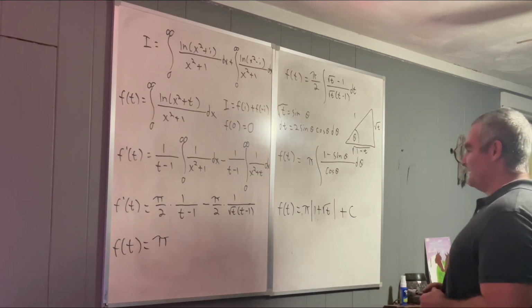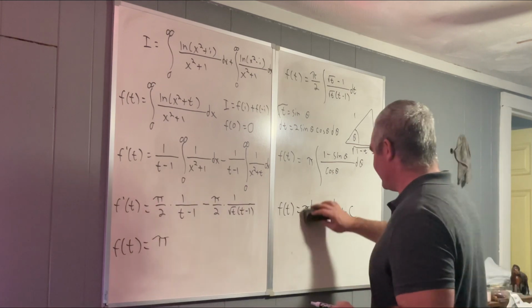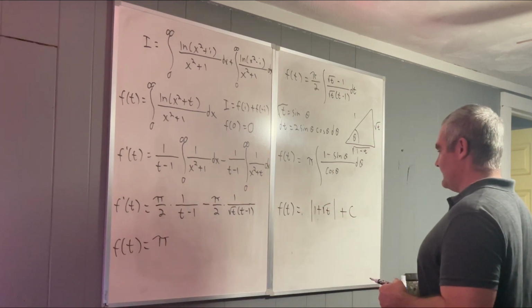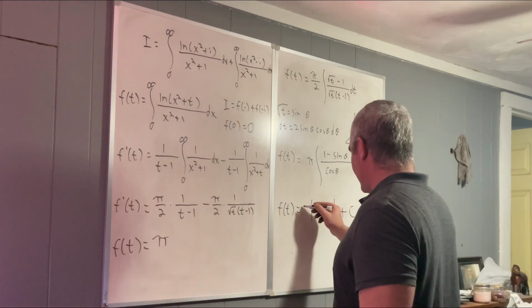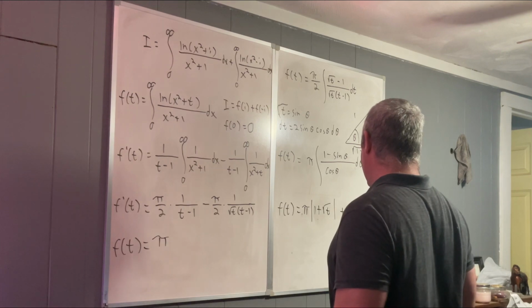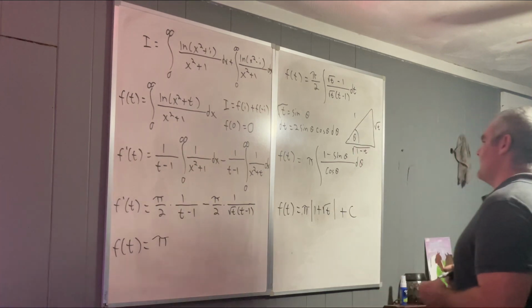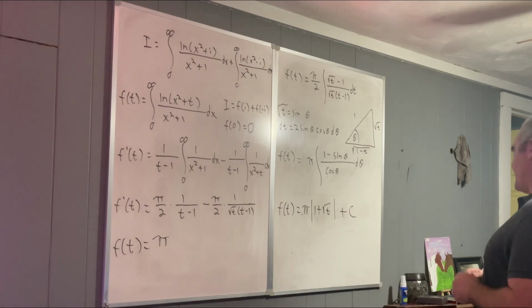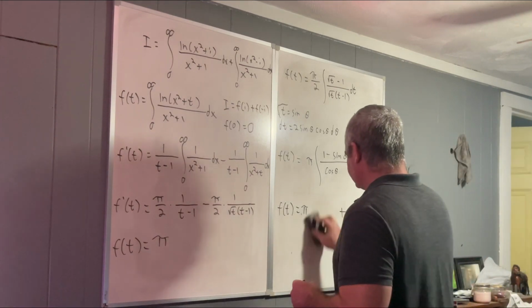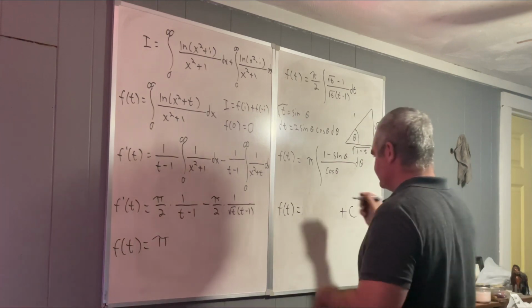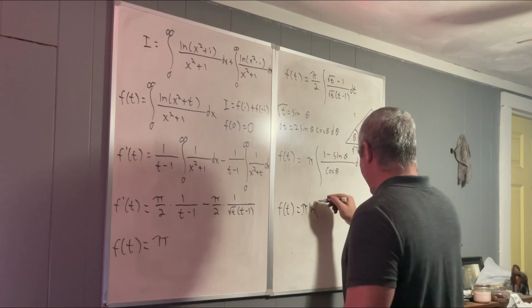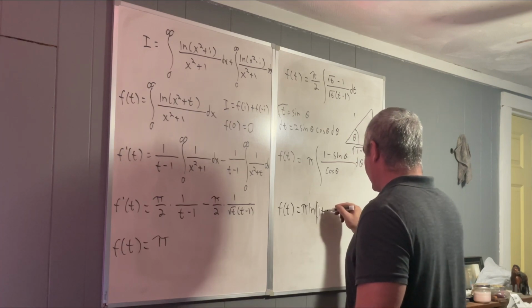So maybe some of you didn't notice this yet, but this is actually, oh, that's true. It's pi times the natural log of the absolute value of 1 plus the square root of t.